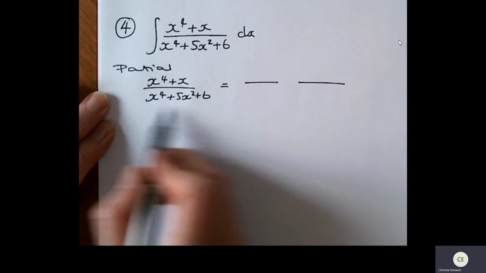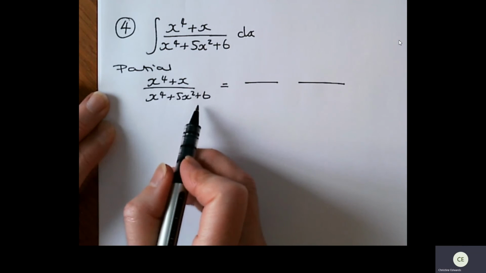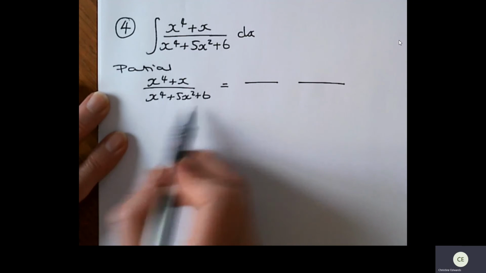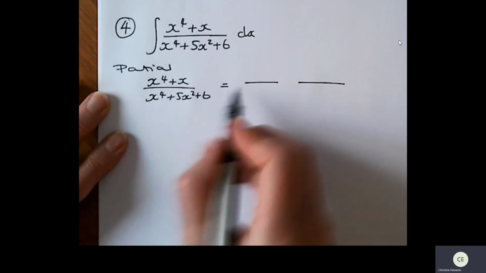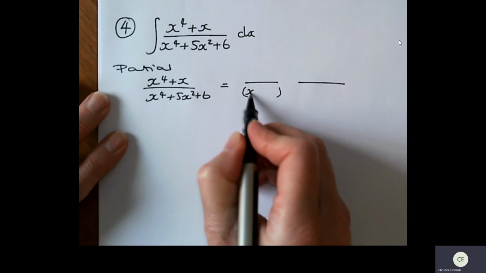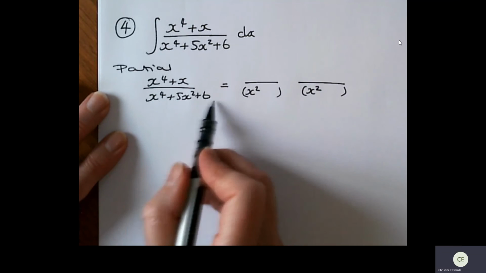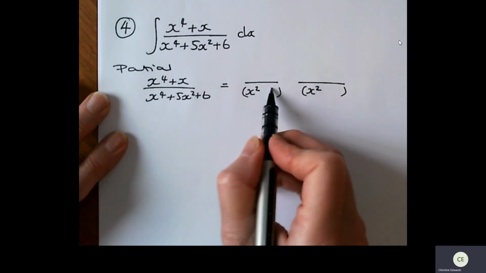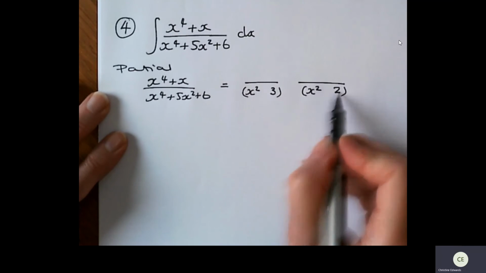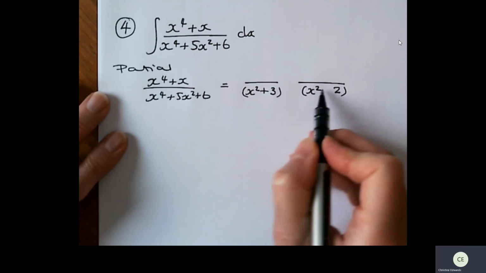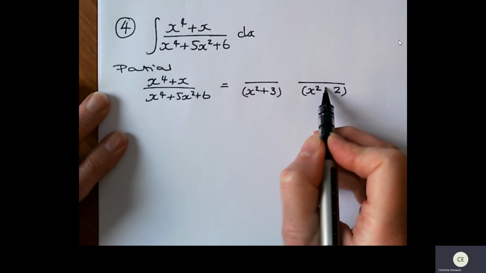And I can factorise the bottom. I'm going to be producing 2 brackets with an x squared at the start of both. So we have x squared and we have x squared. The 6 will give me a 3 and a 2, both of which need to be positive to generate the 5x squared in the middle.